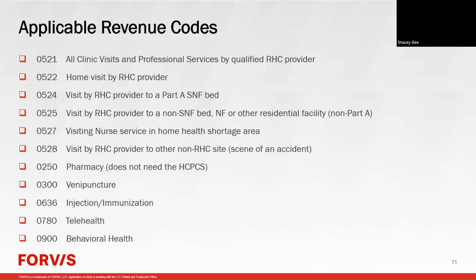We're going to talk a little bit more in specific detail on some of these revenue codes. But I just wanted to provide a whole range of those revenue codes that Medicare anticipates and expects to see on rural health clinic claims as they come through our system.